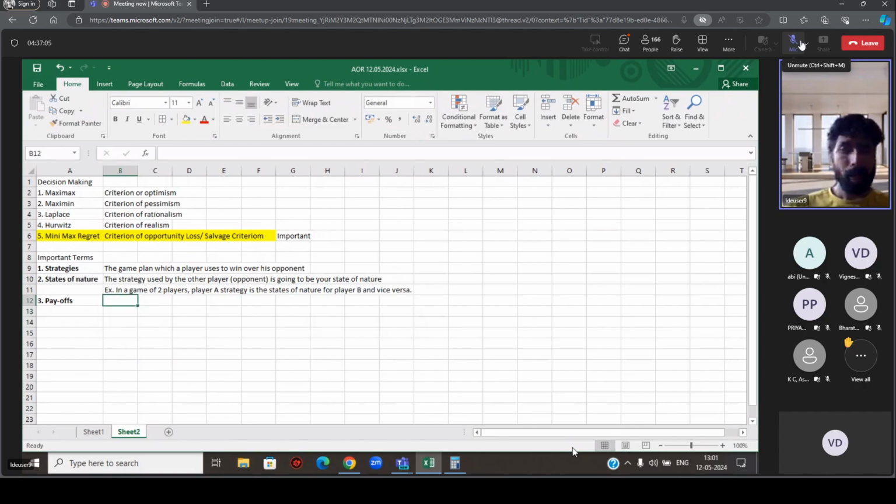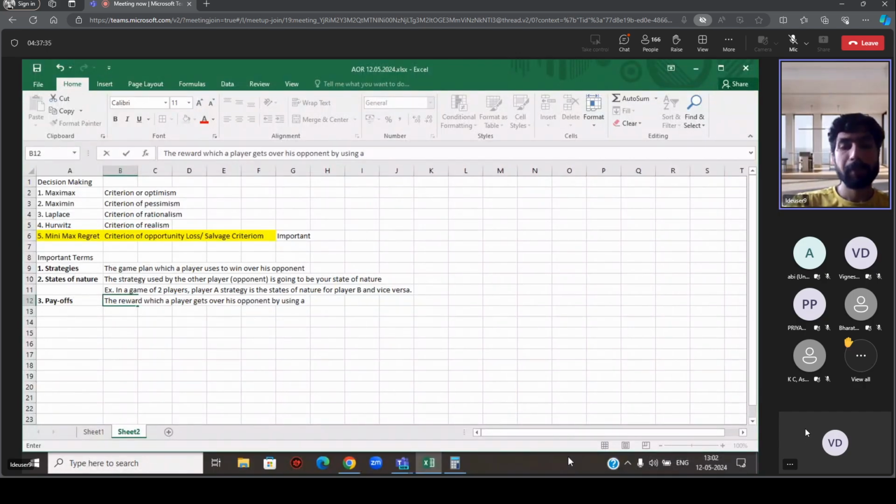Payoff. What do you mean by payoff? Payoff is nothing but the reward which a player gets over his opponent by using a specific strategy.